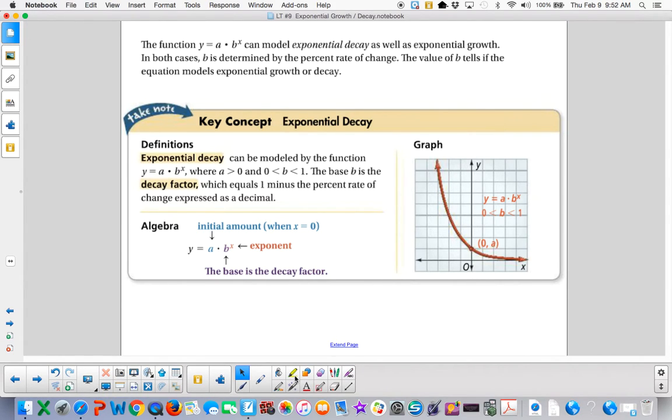So if you look here, B is going to be between 0 and 1 because it's decreasing. If you think of taking 56% of something, you're not going to take all of it. You're taking a part of it. So it's the same thing here. The B value is decreasing, and it will be decreasing exponentially. So the formula will look the same. It's just the B value will change.